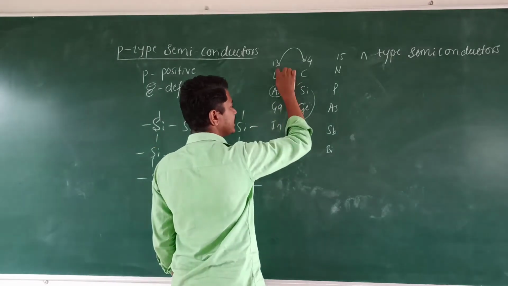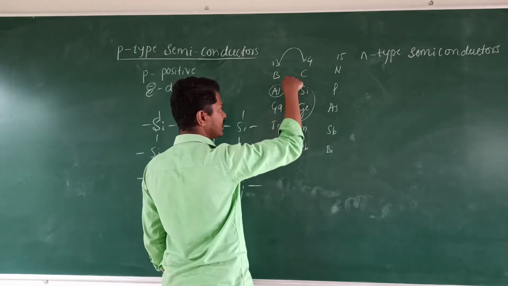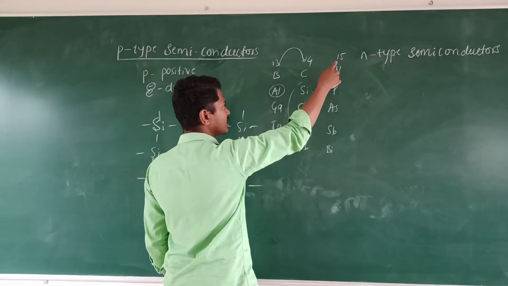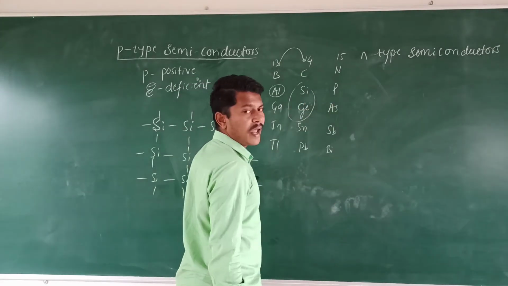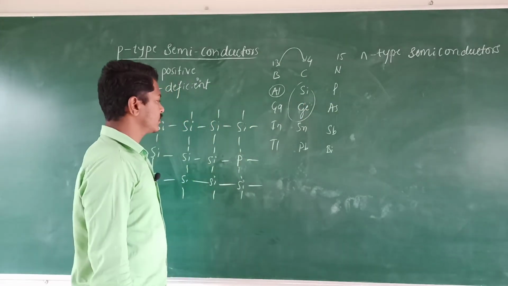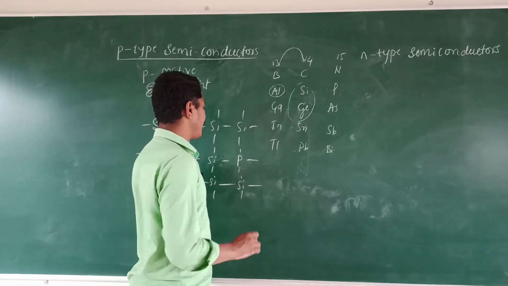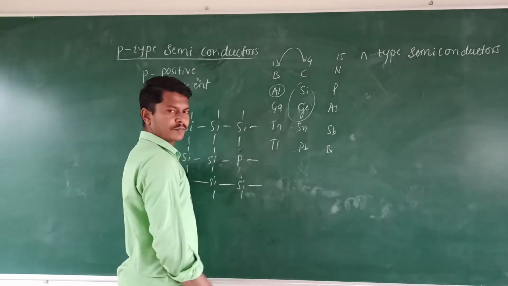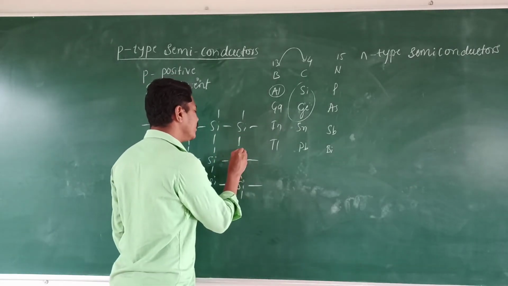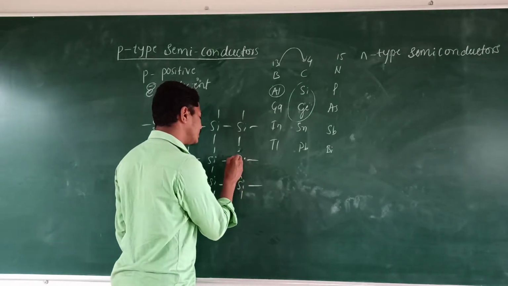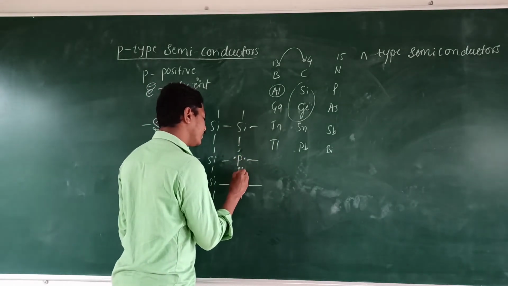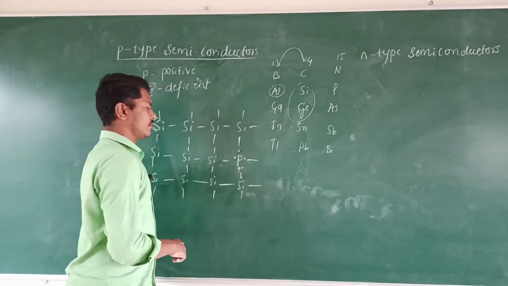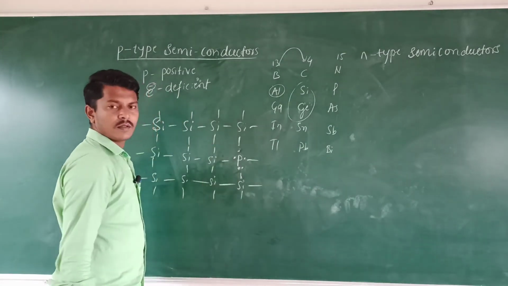These are the trivalent elements, these are the tetravalent elements, and these are the pentavalent elements. Phosphorus is a pentavalent element, isn't it? Then it has 5 valence electrons in its valence orbitals.